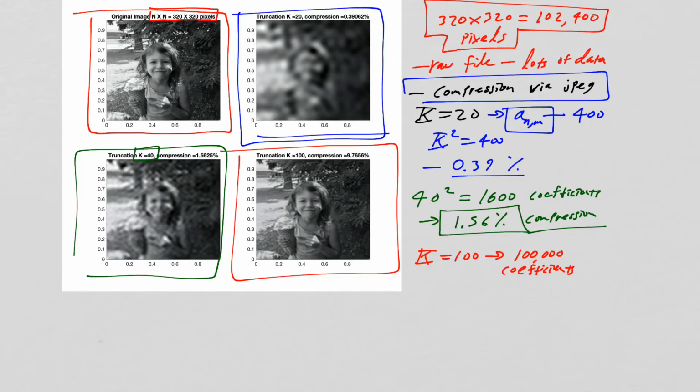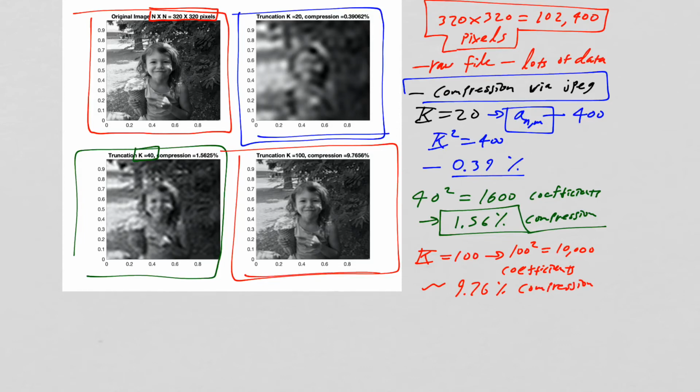I made a mistake here. 100 squared is not 100,000 coefficients. 100 squared is 10,000 coefficients. Okay, so what we have here is a 9.76% compression.